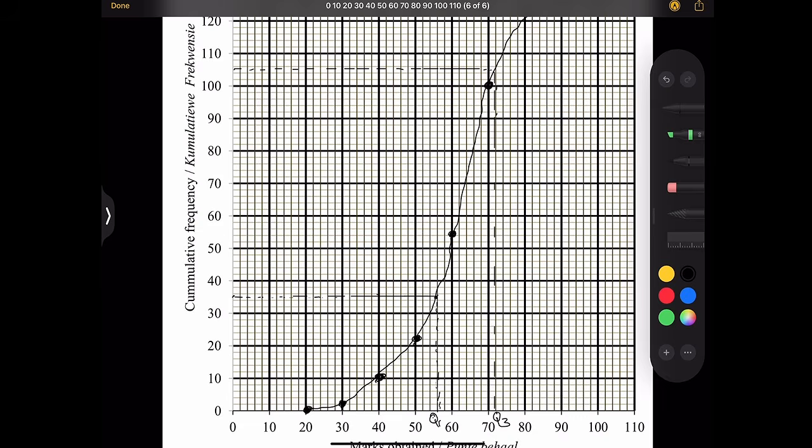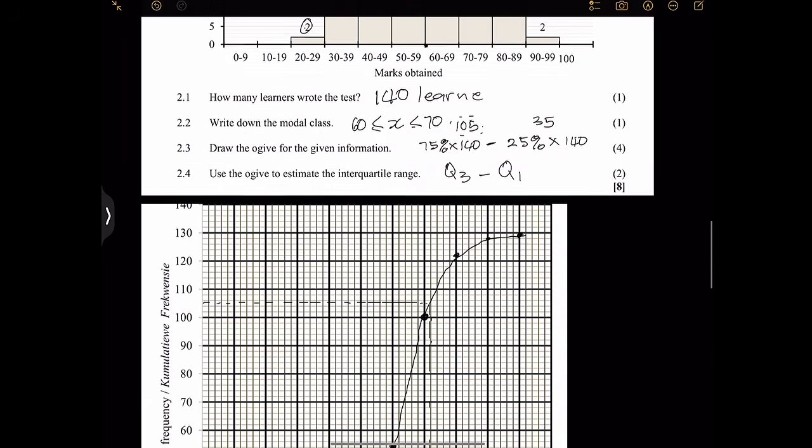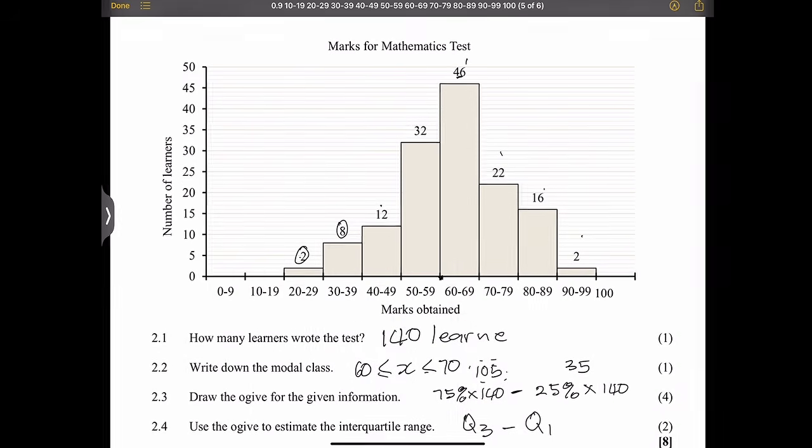Let's say 55, because I made it touch the line. So Q1 is at 55, and then Q3 is at 70, shall we say 72?